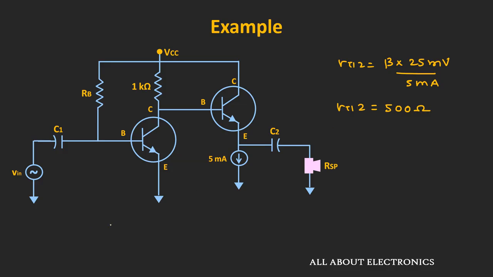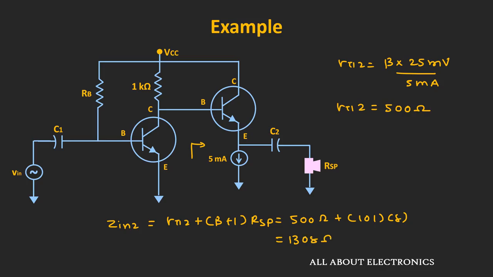So the input impedance Zin2 is equal to r_pi2 plus (beta plus 1) times RSP. That is equal to 500 ohm plus 101 times 8 ohm. That is equal to 1308 ohm. So this input impedance Zin2 will come in parallel with the 1 kilo ohm resistor.